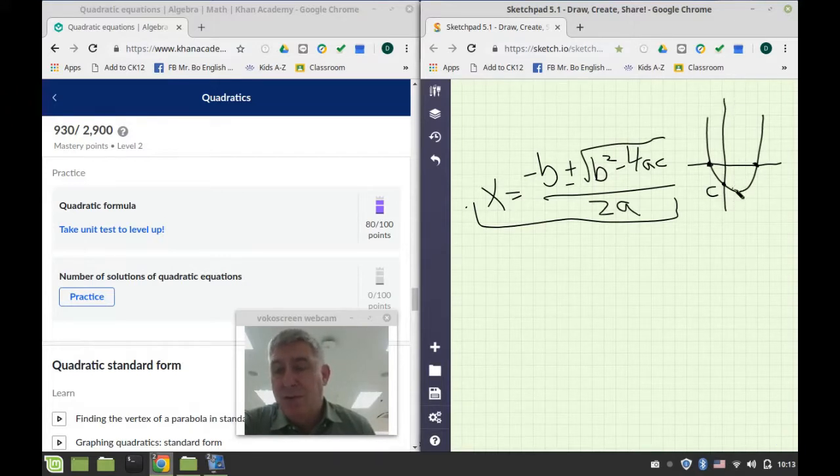There's the vertex, which is a really important point in a parabola, and the line of reflection, the axis of symmetry, where these two sides are the same. They don't look the same here because I'm a terrible artist on this pad, but they're the same distance.